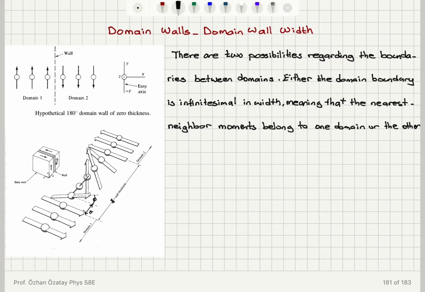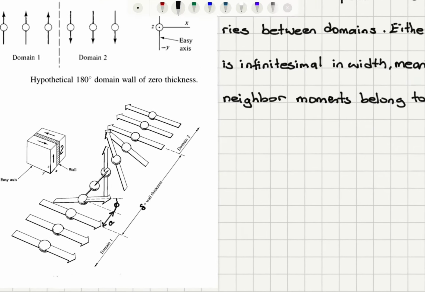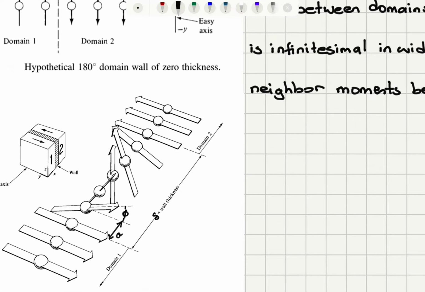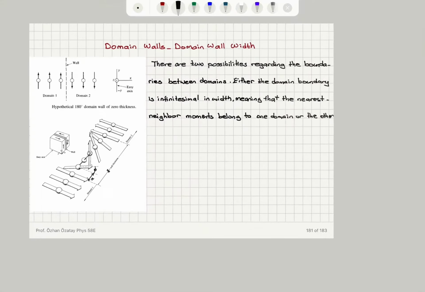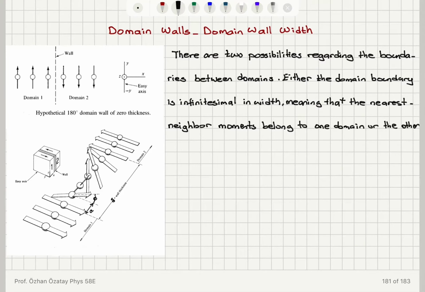Now, if you want to minimize this exchange energy, the second possibility would be to have a gradual change of angle between the moments so that we will have less exchange energy.